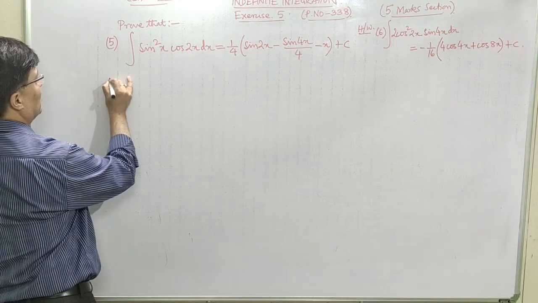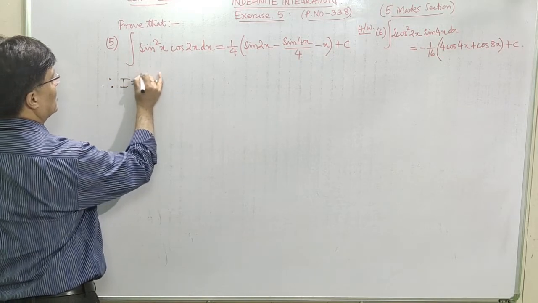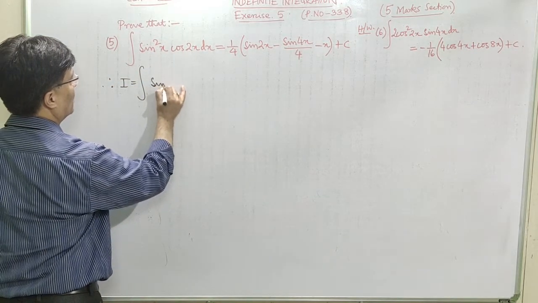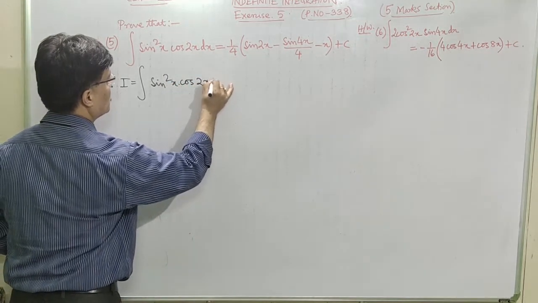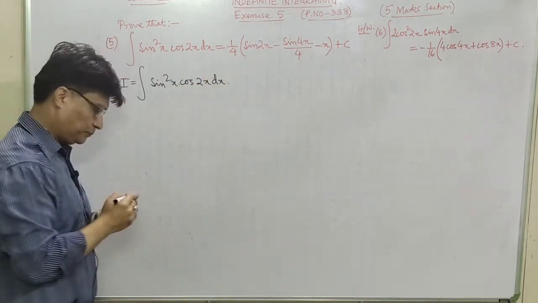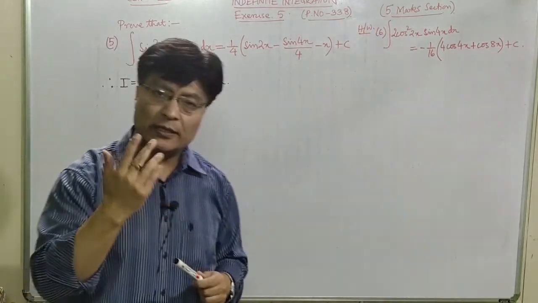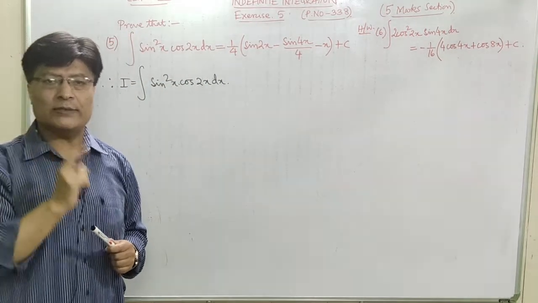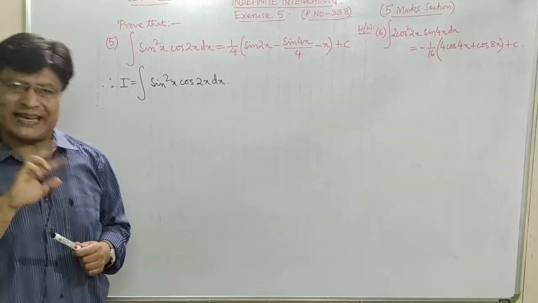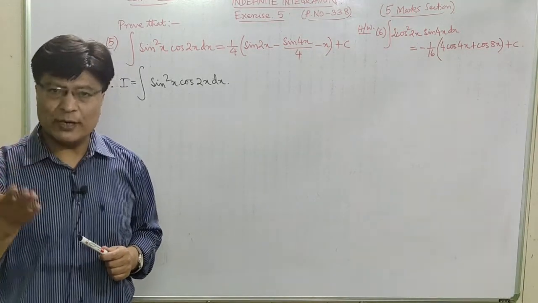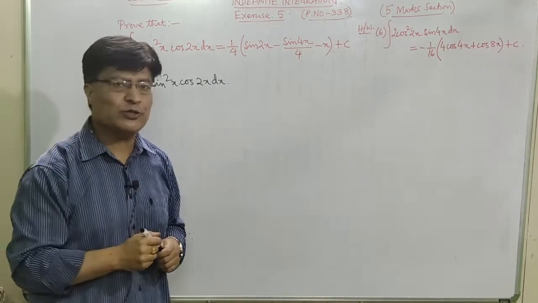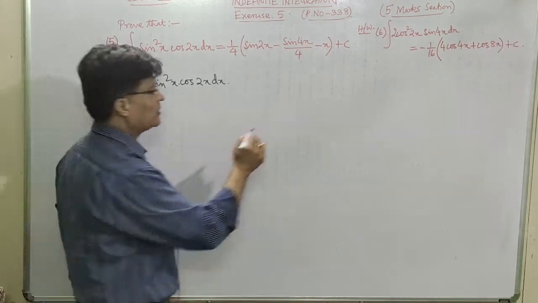Okay. So question number 5. Let us write down the left hand side here. I is equal to the integration of sin²x into cos 2x dx. In the previous classes, I told you that whenever you have sin square or cos square, let us convert it into multiple angle form so that you can use the formula of 2 sin²x.